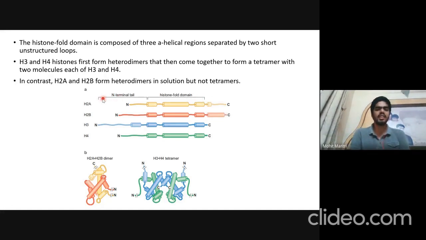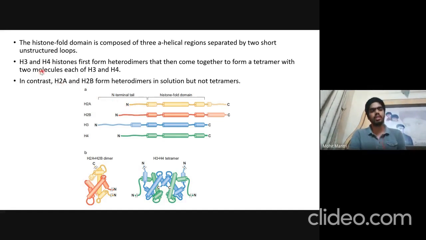Other than that, there is an N-terminal tail and a C-terminal tail, but the C-terminal tail is very small in all the histones, and the N-terminal tail is very long. The 3 domains are separated by 2 short unstructured loops in between, and both ends contain tails.